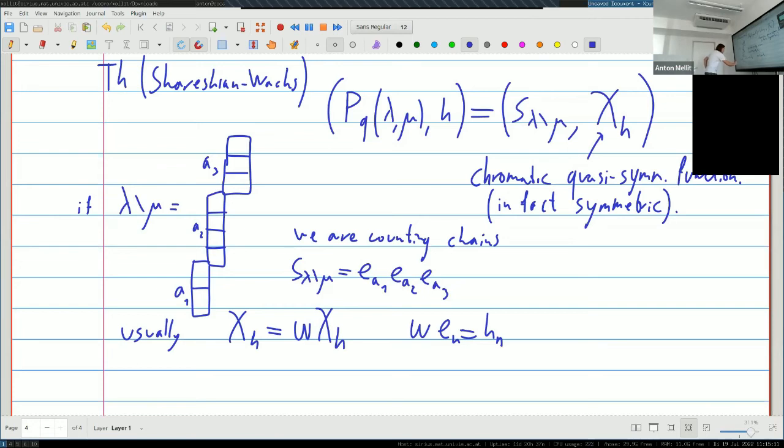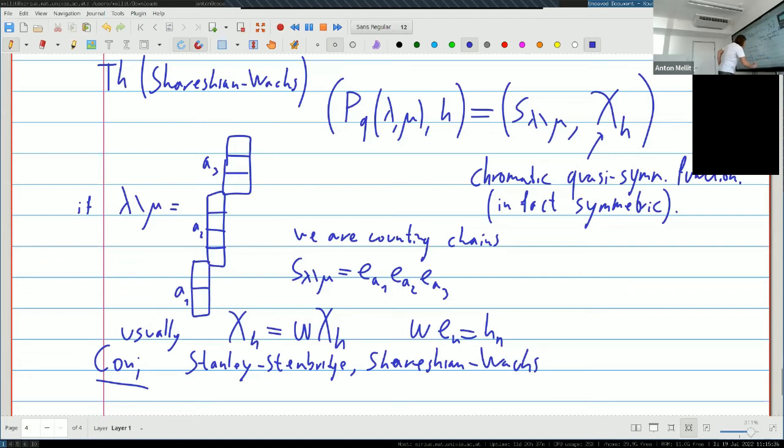And then there is a beautiful, maybe the most famous conjecture in the field: the Stanley–Stembridge conjecture, extended by Shareshian and Wachs. The original Stanley–Stembridge conjecture is about the enumeration of chains without any q, and Shareshian and Wachs is the q version.